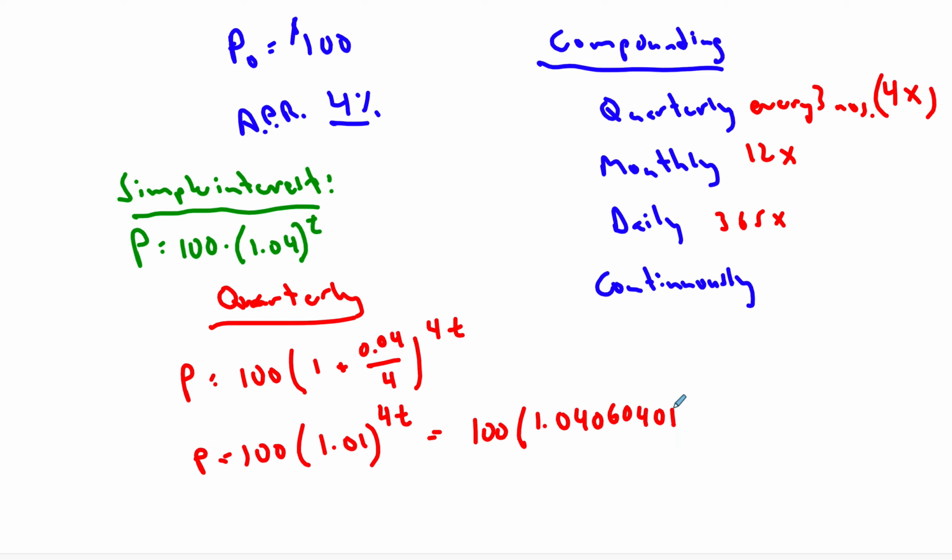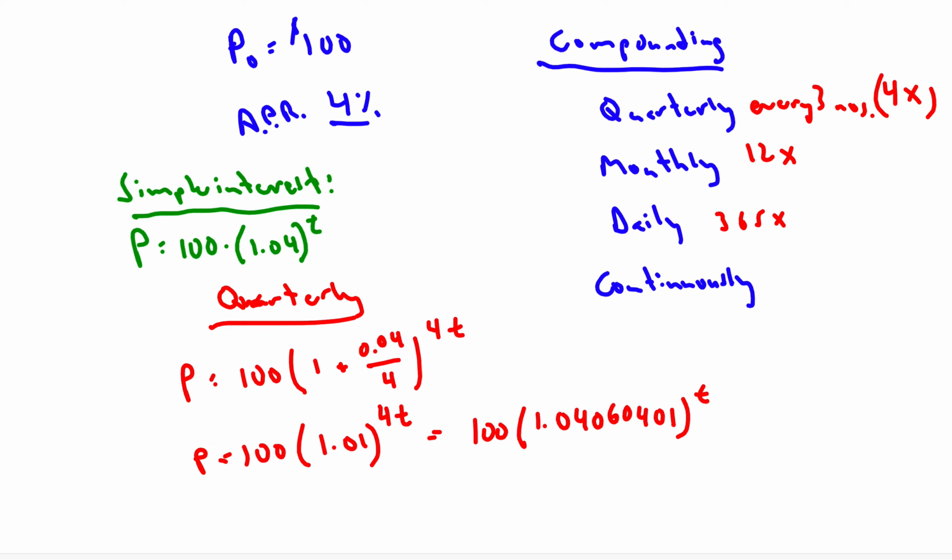So 1.01 to the 4th is that, okay? So am I actually gaining a little bit more than 4%? Yes, because I'm adding 1%. Now if you think about it, if I add 1%, I increase the amount. If I take 1% of that, I'm getting a little bit more than 1% of my original. So the effect is, if I'm compounding quarterly, I'm getting a little bit better, not much, but a little bit better than just what the simple interest or APR, the annual percentage rate, would be.